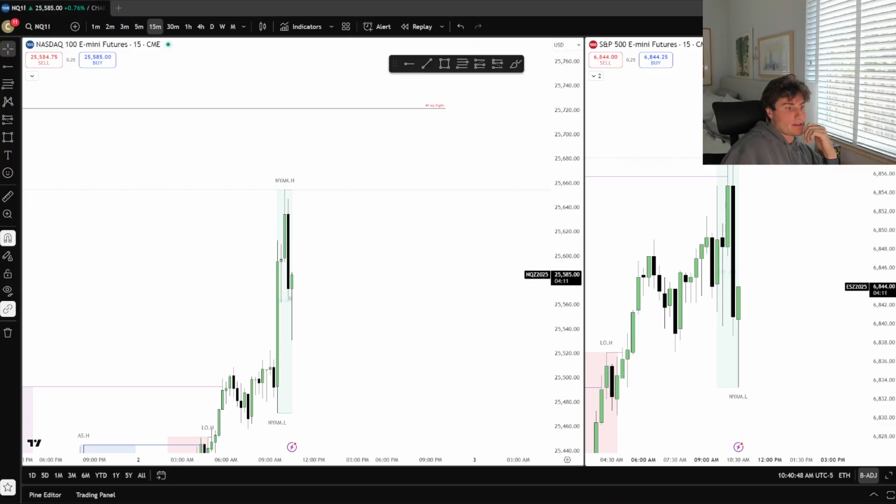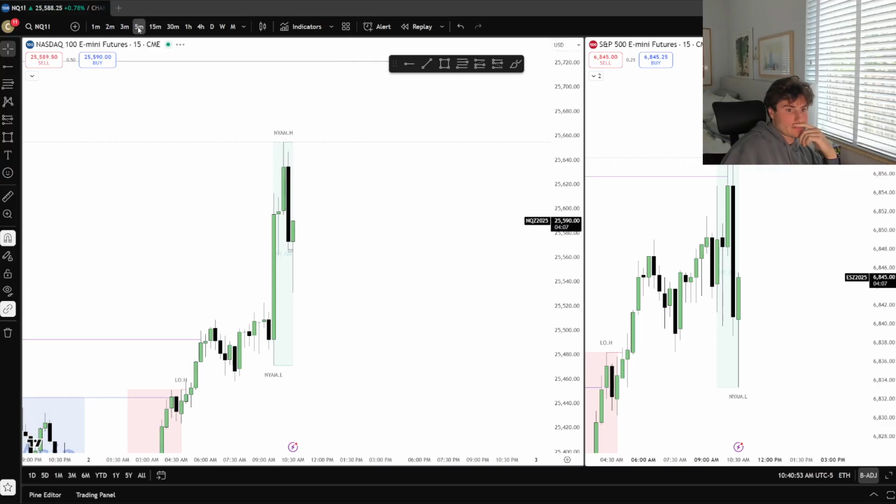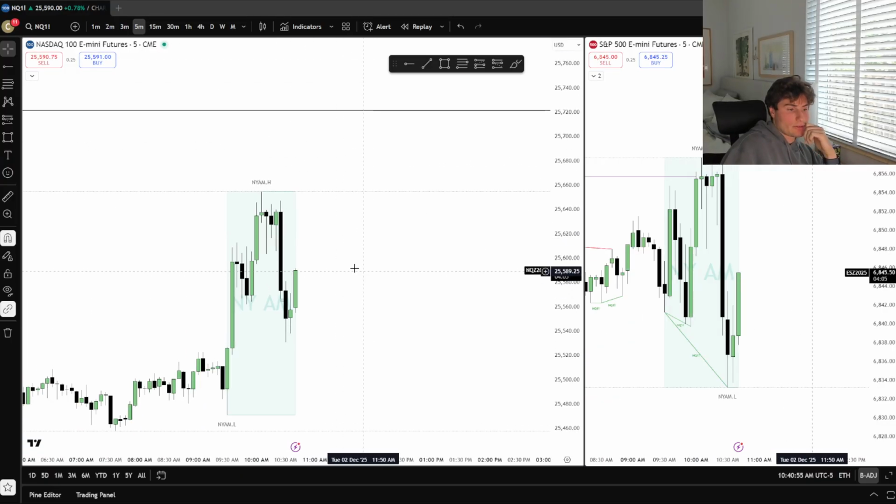Taking a 3-minute inversion into, oh wait, there's no 15-minute gap there. Into a 5-minute bearish gap just doesn't make sense to me.